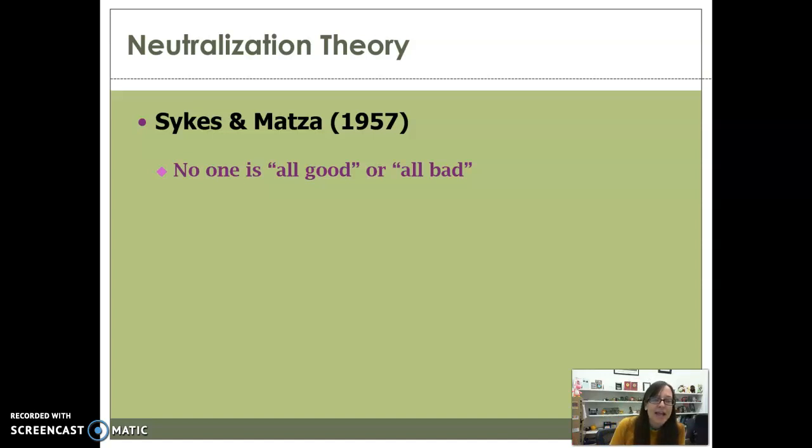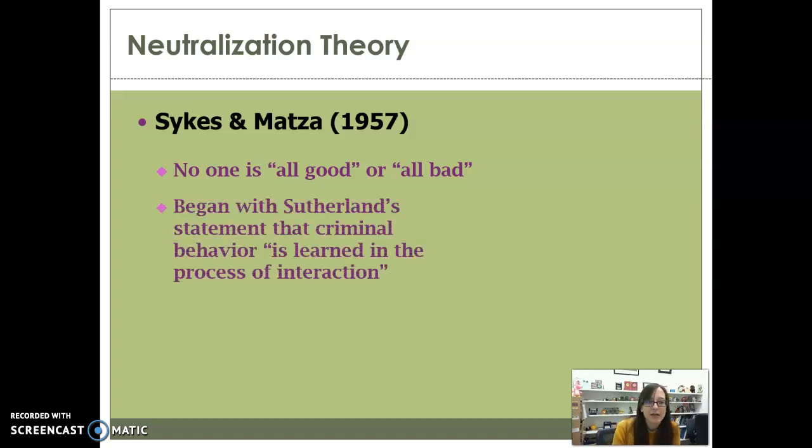Even those who conform most of the time will behave in some way that goes against conventional values at some time. Even if that just means drinking to excess or gambling or watching porn or whatever it might be, even the people who generally follow the rules will still skirt on the edge of them, at least from time to time. So we all have this mix of values. Nobody is all good or all bad.